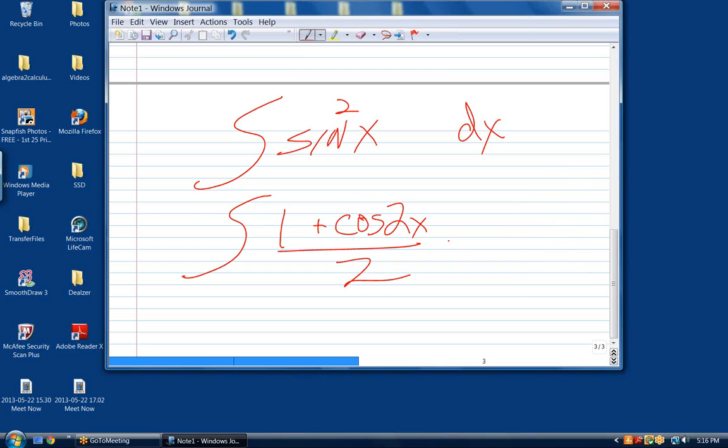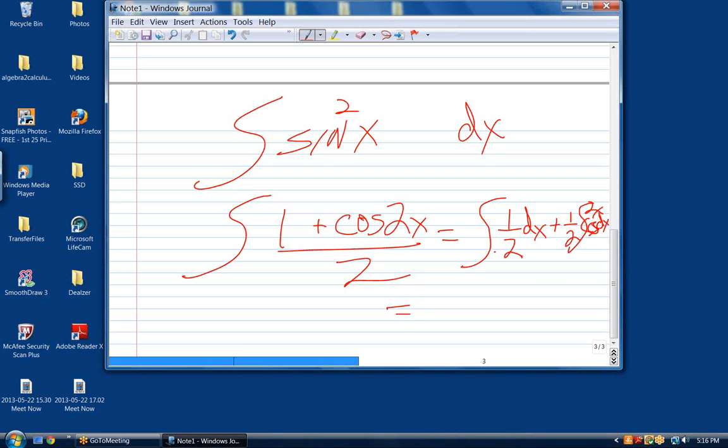Okay? So this is going to turn into the integral of 1/2 dx plus 1/2 times the integral of cosine of 2x dx.